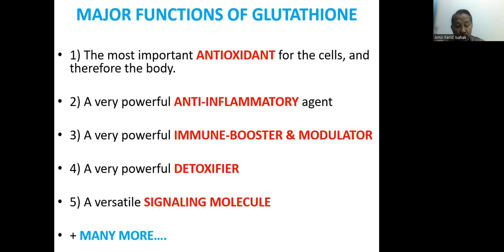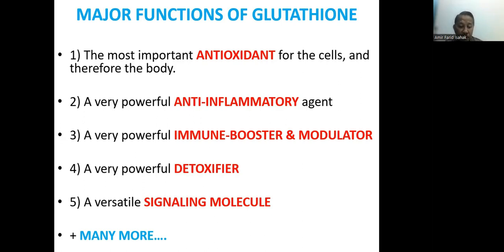And then we also know that glutathione is a very powerful immune booster and immune modulator. It is a very powerful detoxifier. In fact, it is the main detoxifier of our body, largely used by the liver and the kidneys to do their detox work.